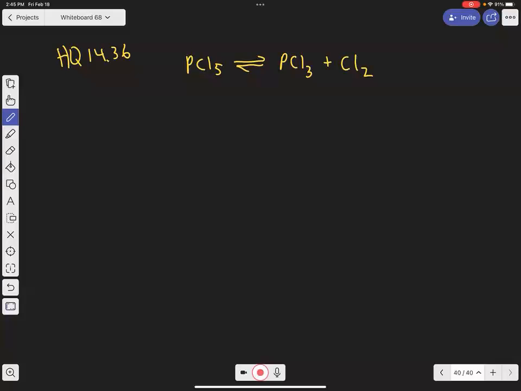So for your reaction, what's the value of Kp? Okay, that's the same. And then what partial pressures do they give you? All right, we'll go through those again. Which one is which?